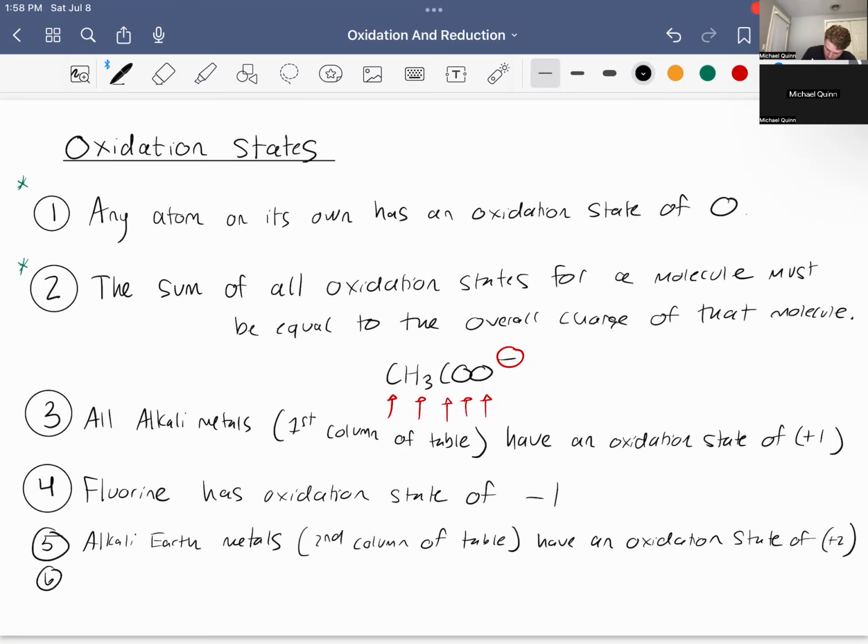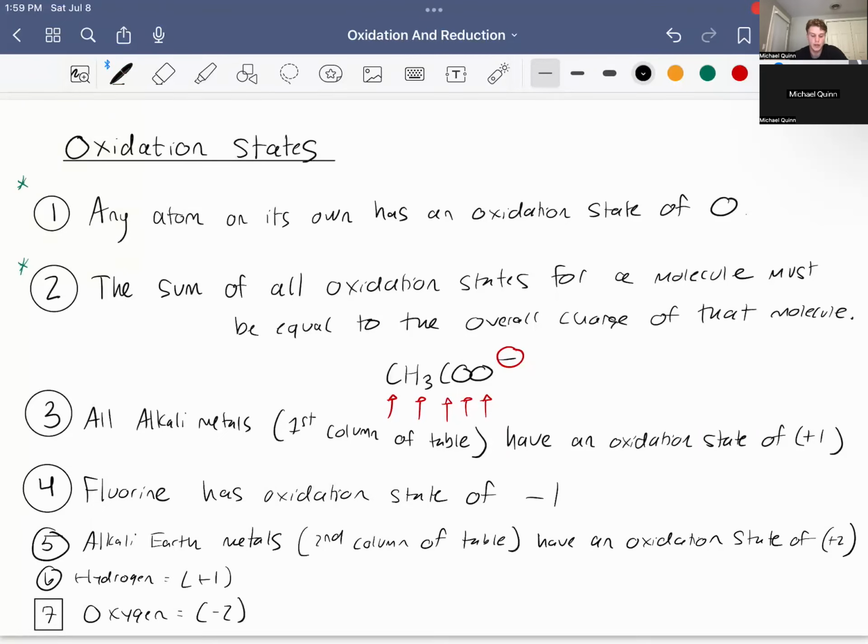Rule number 6 is that hydrogen is equal to +1. Rule number 7 is that oxygen is equal to -2.